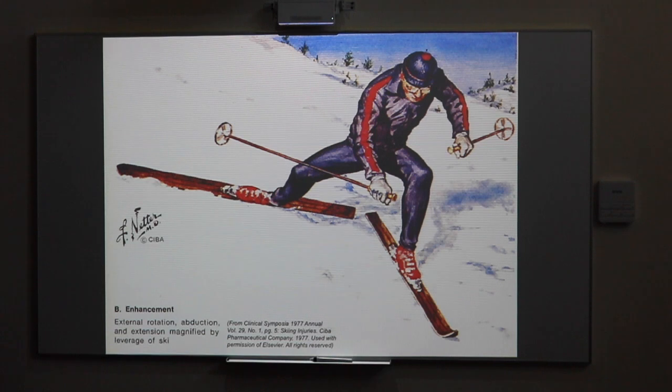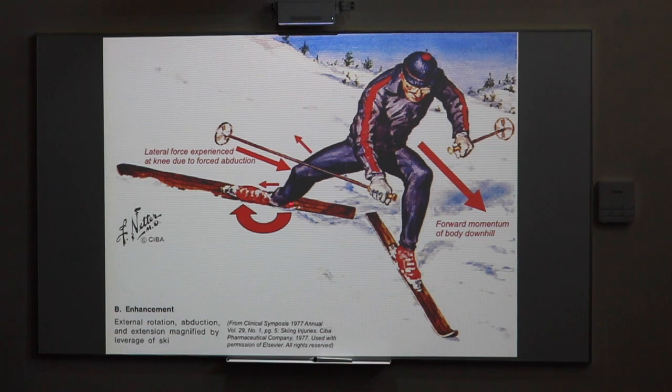Is that happening? So now there are forces. His body weight, inertia, everything is working. So there is more stress, there is more twist across this joint. And this is affecting it. There is more opening, more external rotation.